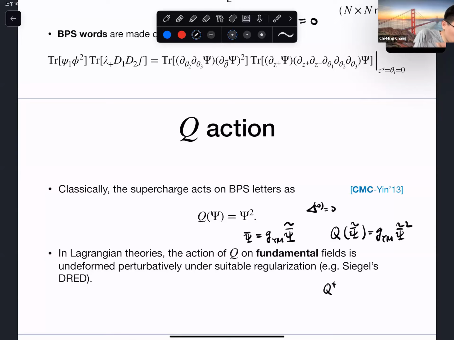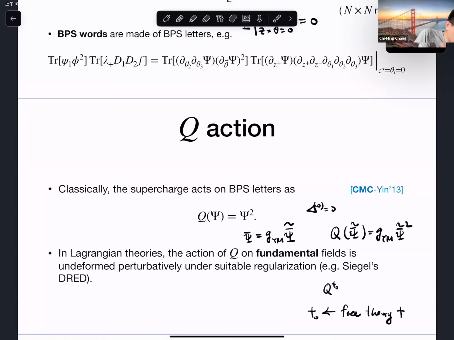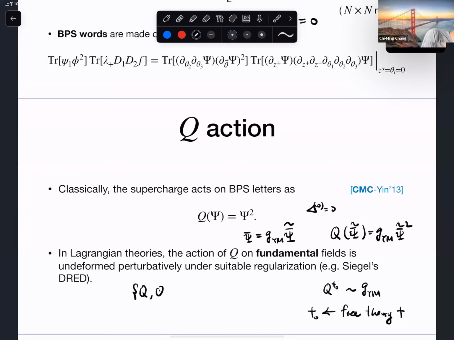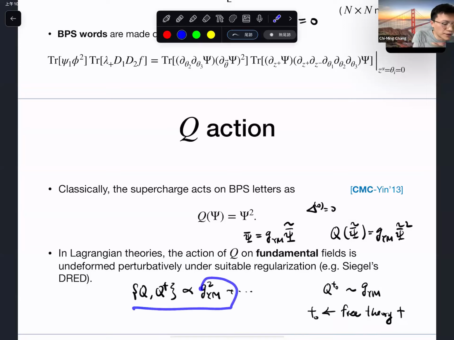So now if we consider, let's call it Q dagger 0, this dagger 0 is the free theory dagger, and then we know that this will also go like G Young-Mills because we use a free theory dagger that will not introduce G Young-Mills, and then by this we know that Q dagger would be proportional to at least G Young-Mills square plus some higher terms. So that's why if we use a free theory dagger, the Hamiltonian we have is the one loop Hamiltonian that is proportional to G Young-Mills square.